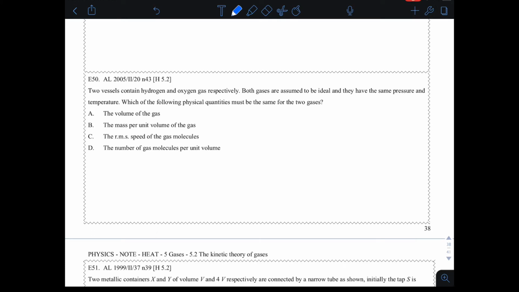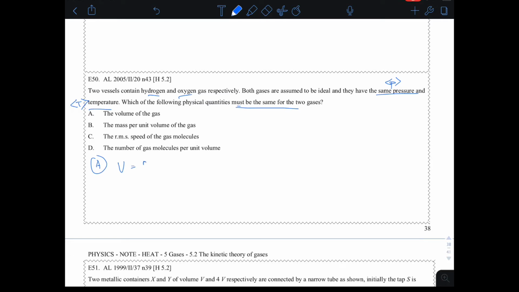Next, two vessels contain, again, hydrogen and oxygen, and both gases are assumed to be ideal gas. They have the same pressure, and the temperature must be the same at the same time. Then for A, we want to talk about volume.